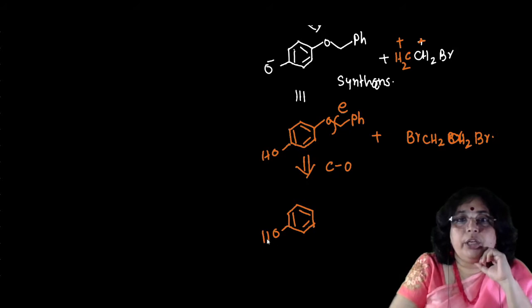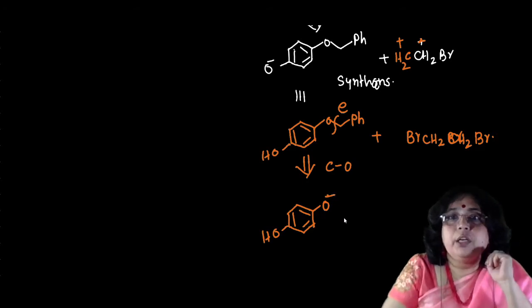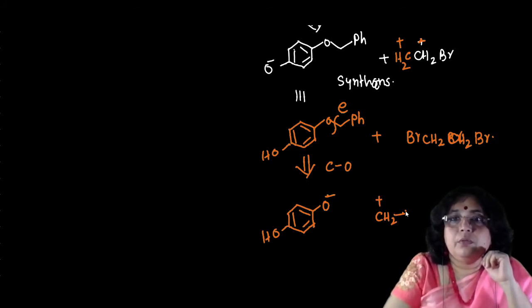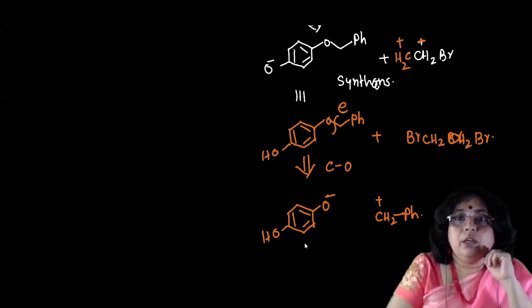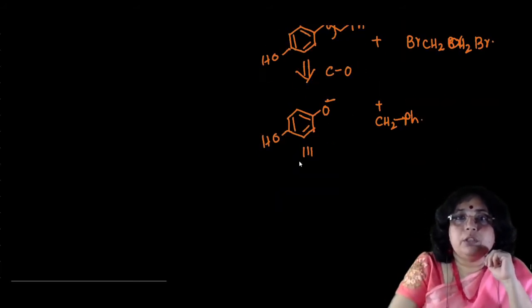So this is OH and this is a minus charge over here, and here you will get a phenyl. Now let us see the synthetic equivalents of both the molecules.